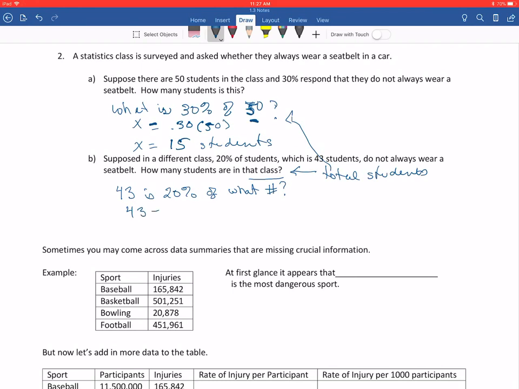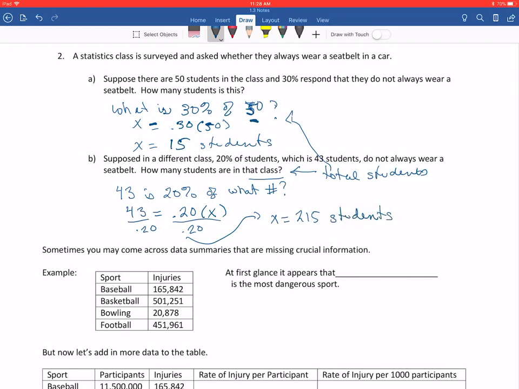So 43 is 20% of something that I don't know. This time, in order to solve for x, I actually need to divide by 0.20. And doing that, I get that there are 215 students.